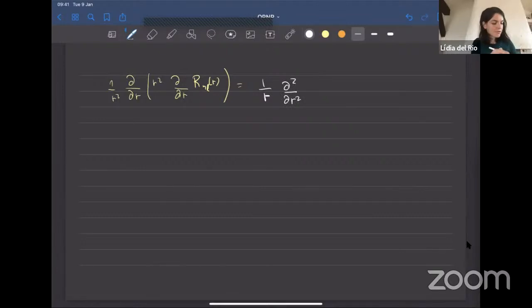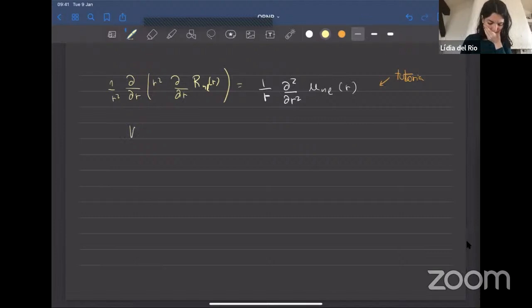There's a typo in the lecture notes here. It should be r squared of my function r. It's a very easy thing to prove. You'll prove it in a tutorial next week. Just take this derivative and see that you get what's on the left. And what was the V effective?